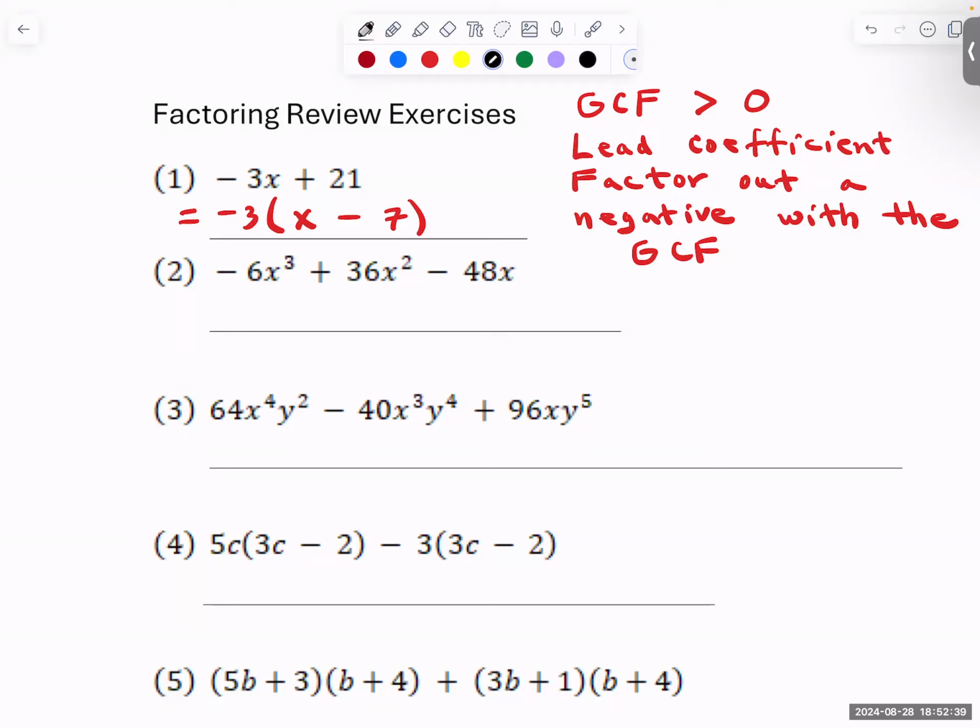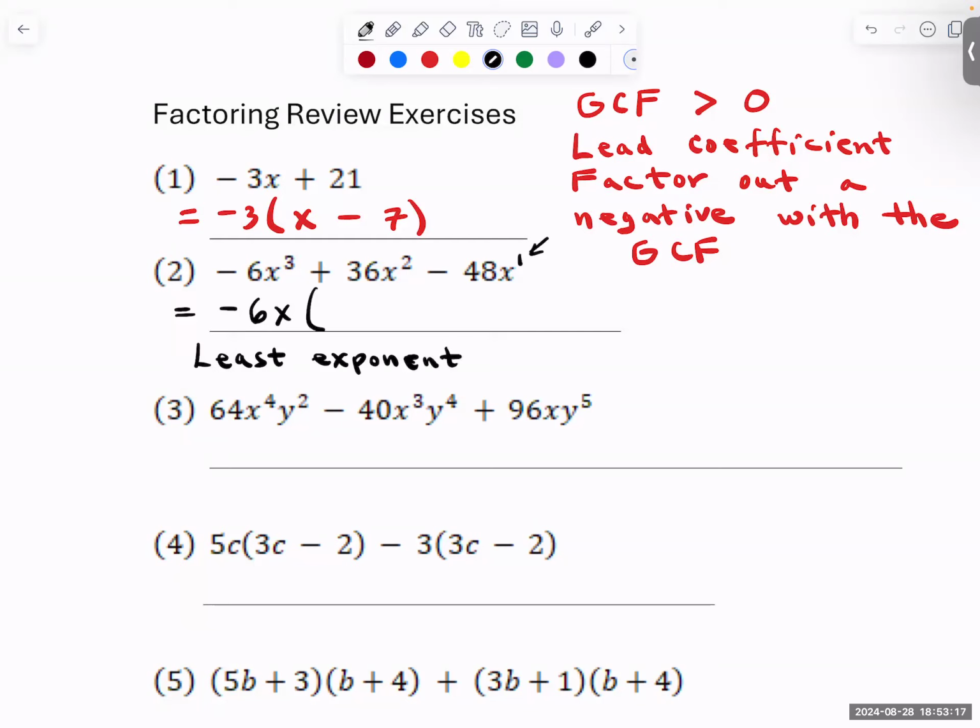So since 6 divides 36 and also 48 is a multiple of 6, we're going to factor out positive 6 as the GCF, but since the leading coefficient of the term of greatest degree has a negative coefficient, we're going to factor out negative 6 with x raised to its least exponent of 1. So we're going to factor out the GCF, which includes x with the least exponent of 1, because only x to the first is common to all 3 terms.